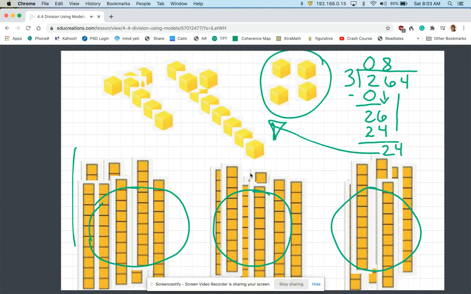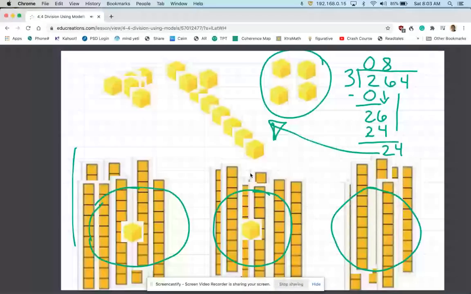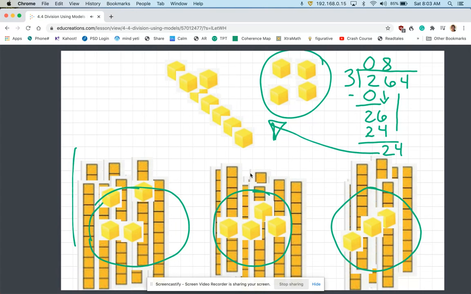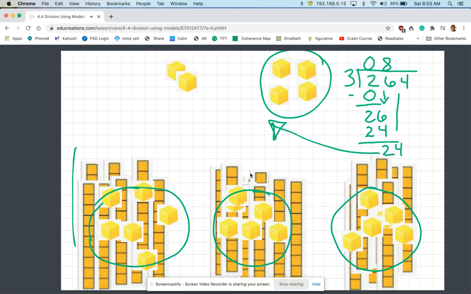Okay, so we're going to start passing these out. 1, 2, 3, 4, 5, 6, 7, 8, 9, 10, 11, 12, 13, 14, 15, 16, 17, 18, 19, 20, 21, 22, 23, 24.